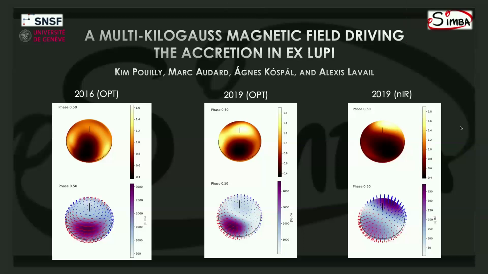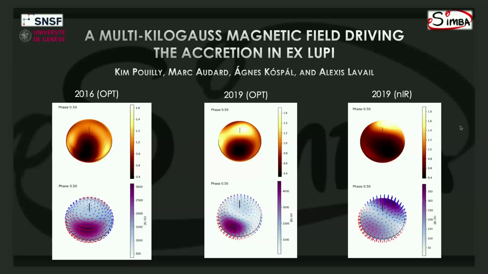Yes. Great. Hi, I'm Kim, a postdoctoral fellow at University of Geneva, and in my poster you will discover the first ever magnetic field analysis of an EXor-type star, targeting the prototype EX Lupi. We used 3 different spectropolarimetric time series obtained at CFHT over 2 epochs, 2016 and 2019, and at 2 wavelengths, in optical using ESPaDOnS and in near-infrared using SPIRou.